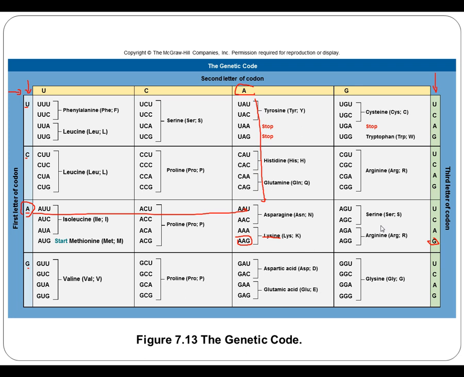Amino acid. In my handout, the abbreviation AA stands for amino acid, which is manufactured or brought in order to make our proteins during translation.